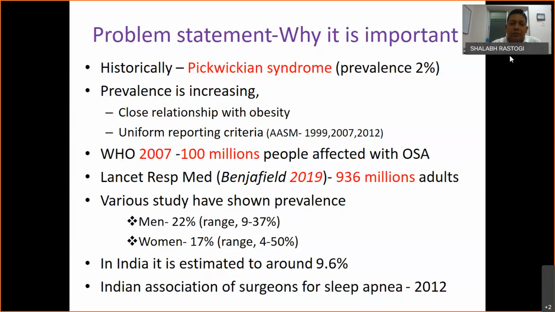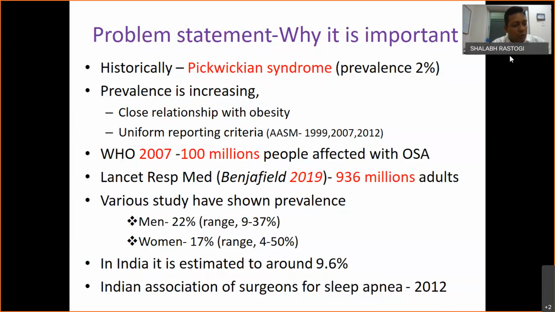From that time onwards it was called Pickwickian syndrome, and initially the prevalence stated was around 2%. But from 1950 to 1980, lots of work was done to understand the pathophysiology of this disease, and it got its name as obstructive sleep apnea.